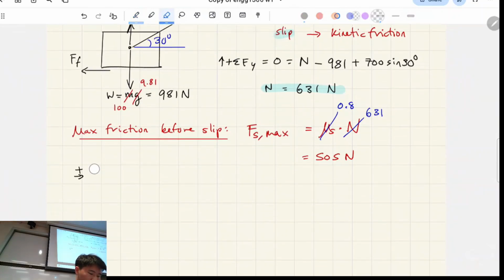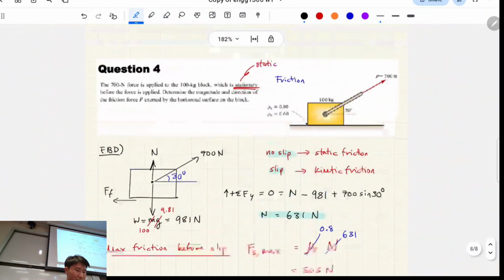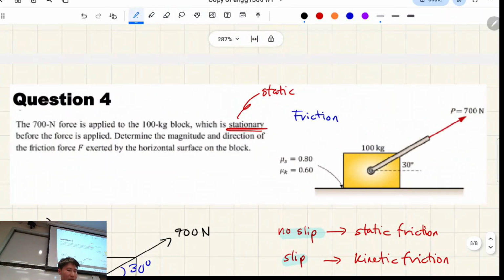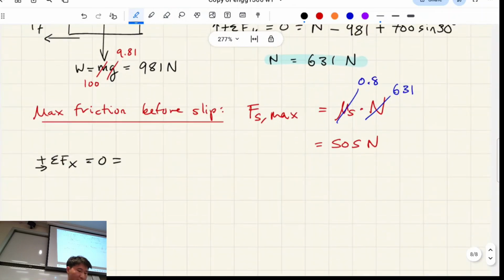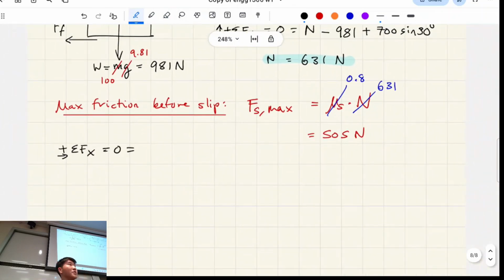Okay, now we're gonna do the sum of the forces in the x direction, right? So because the question told us the block is stationary before the force is applied, what we're gonna do is do the sum of the forces is 0. Just pretend this rope tugs on this block and keeps tugging, and at some point it's gonna move, right? But we're checking whether it moves or not. So we're gonna start with the assumption that it doesn't move, and if we're wrong, we're wrong.